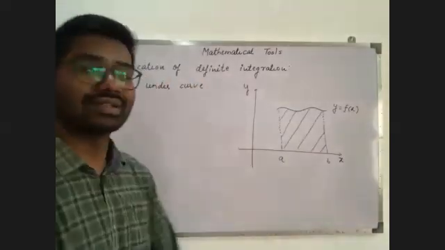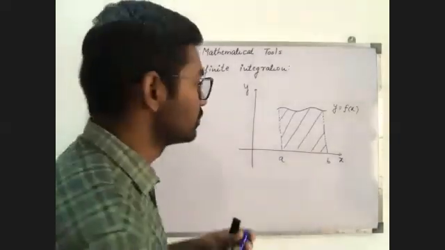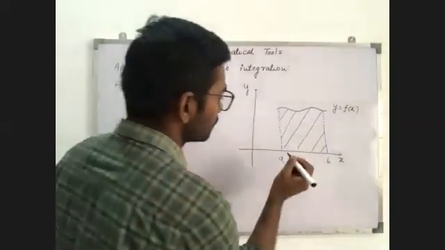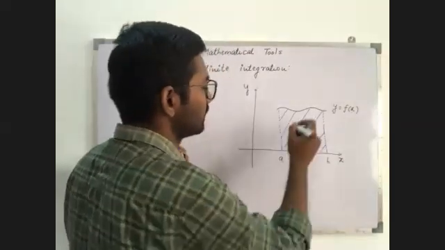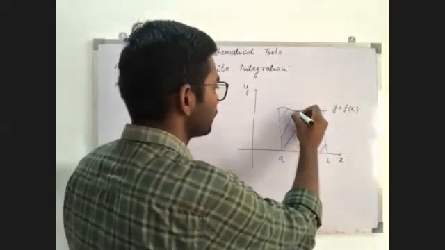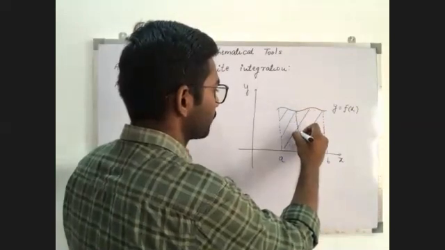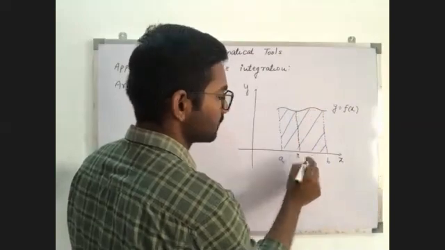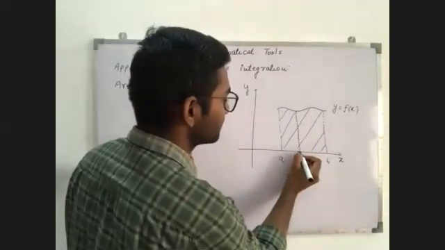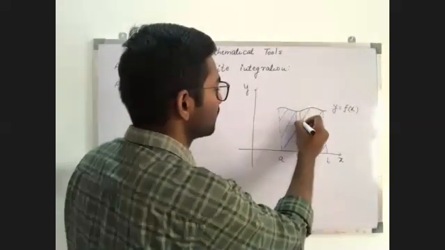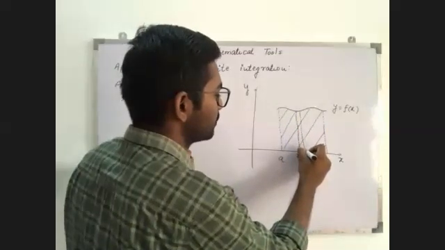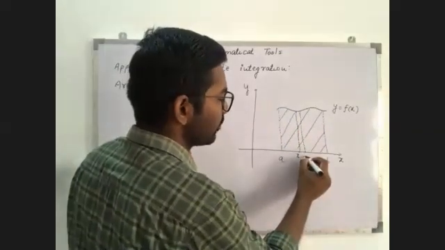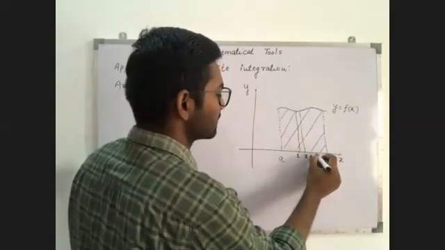Now just concentrate on how we are going to use it. So guys, if you look, let's suppose this is point x, and let's suppose this is point x plus dx.